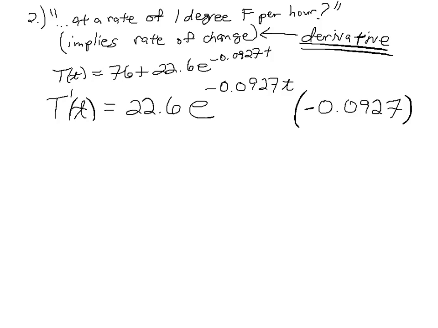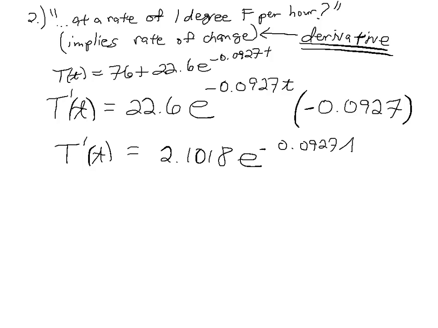Then we simplify that, and let's see, we get T prime of t is equal to 2.1018 e to the minus 0.0927 t, and now the rate is 1 degree Fahrenheit per hour, and this is the rate of temperature change, so that will be equal to 1.